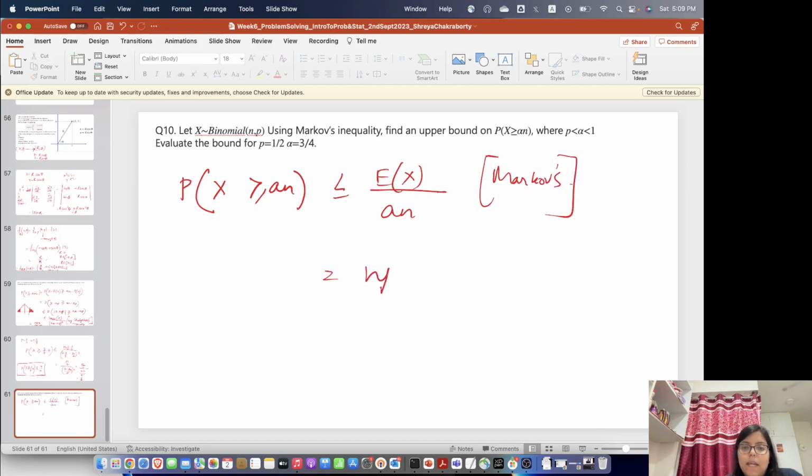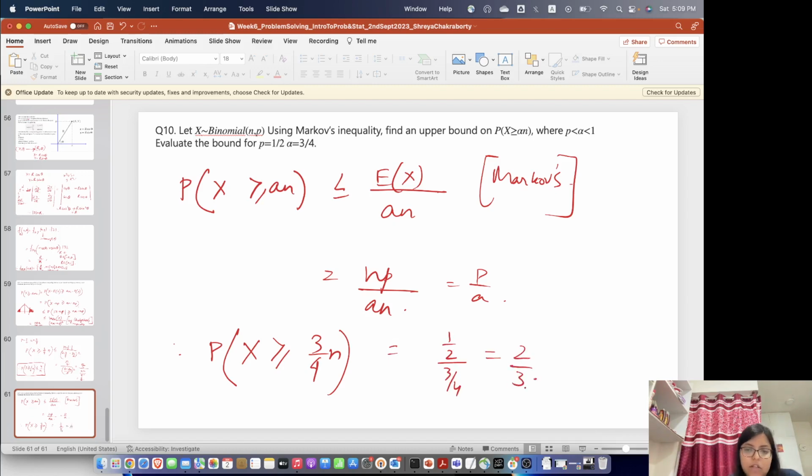So this will be np by an, which is p by a. So the probability that X is greater than or equal to 3 by 4 n is less than or equal to half by 3 by 4, just 2 by 3.